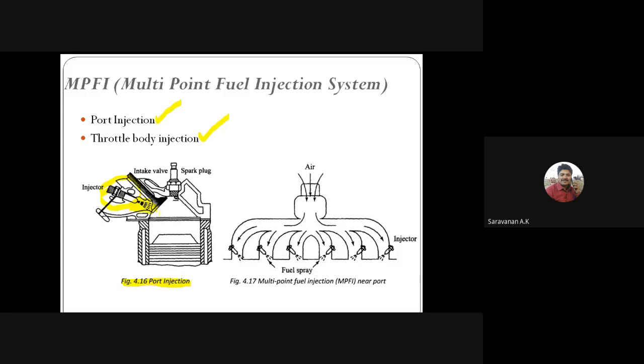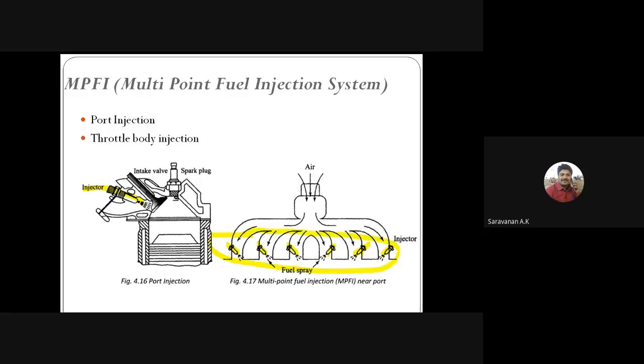That is for a single cylinder port injection system. For a multi-cylinder engine, the injector is placed at each cylinder, nearby the inlet opening of the cylinder.